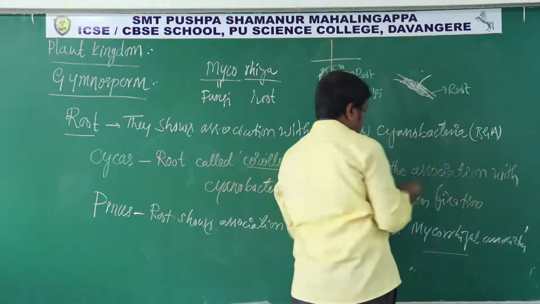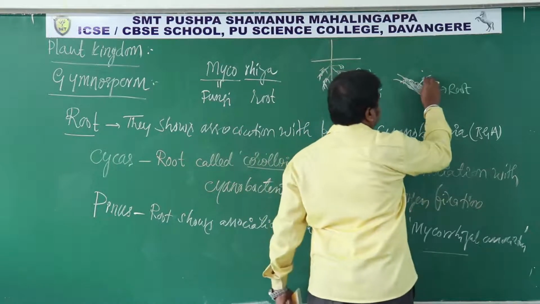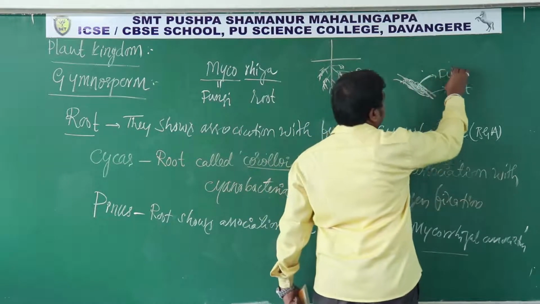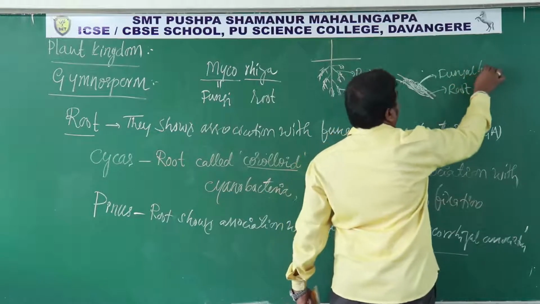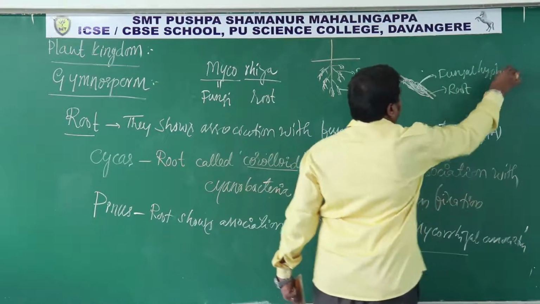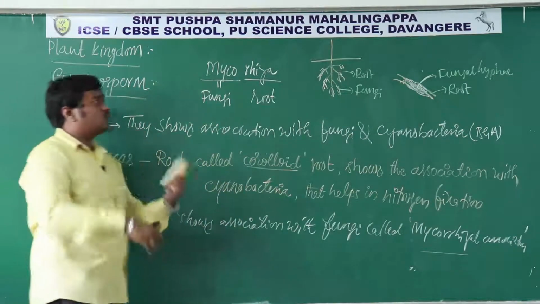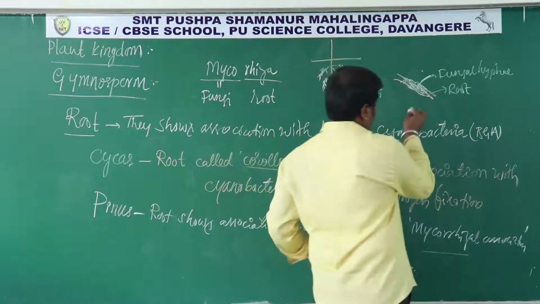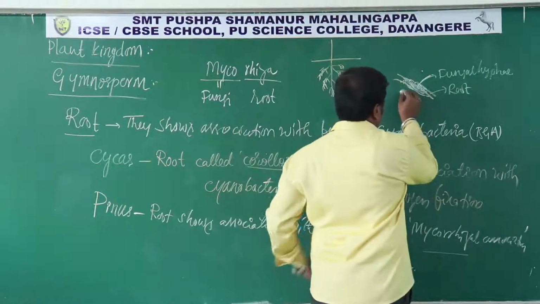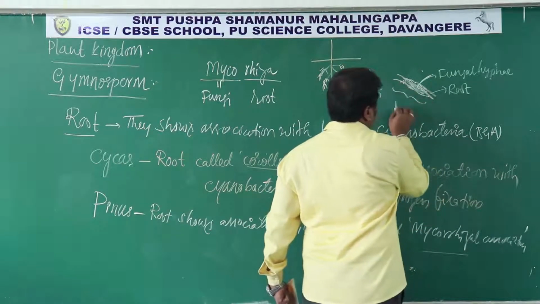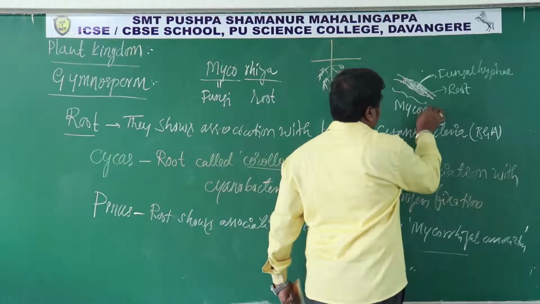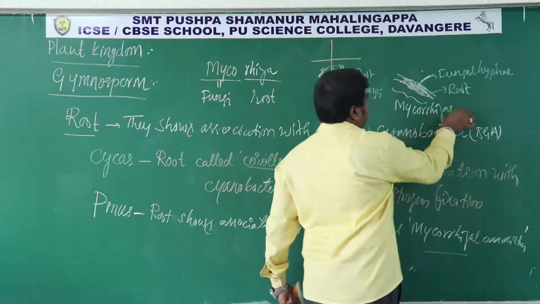So this is fungal hyphae. This association, where white colored hyphae wrap around the root, is called, so this forms the mycorrhizae.